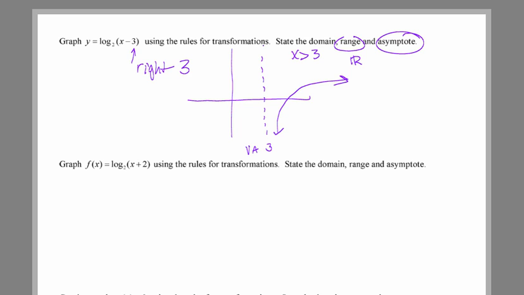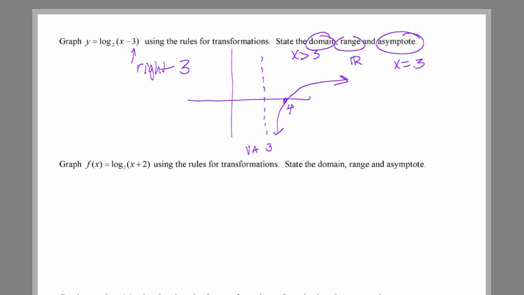So find the vertical asymptote and just shift that basic graph over, in this case, to the right 3. This would be 1 point more than 3, which would be 4. That x-intercept would be 4. So there's the domain, there's the range, asymptote, x equal 3.